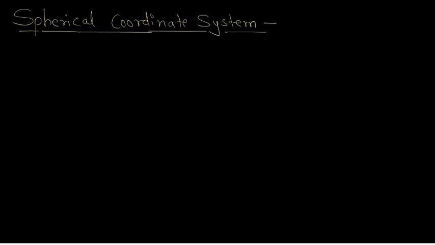So in the previous few lectures, we have discussed the general line, surface and volume elements in a general curvilinear coordinate system. And we have discussed the Cartesian coordinate system. Now the important topic is to discuss spherical and cylindrical coordinate systems, because they are mostly used in physics; everywhere you will get them.